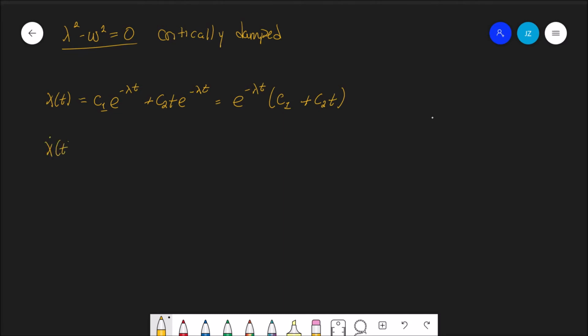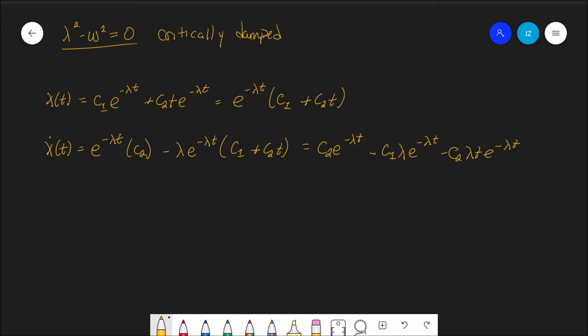Now x dot would be e to the negative lambda t times C2 minus lambda e to the negative lambda t times C1 plus C2t, which equals C2 e to the negative lambda t minus C1 lambda e to the negative lambda t minus C2 lambda t e to the negative lambda t.